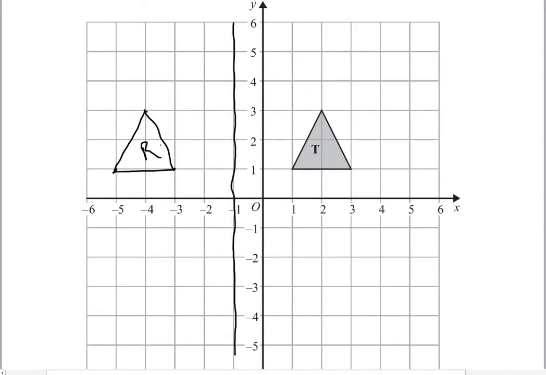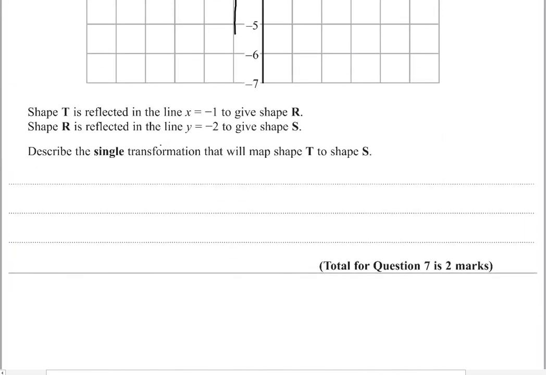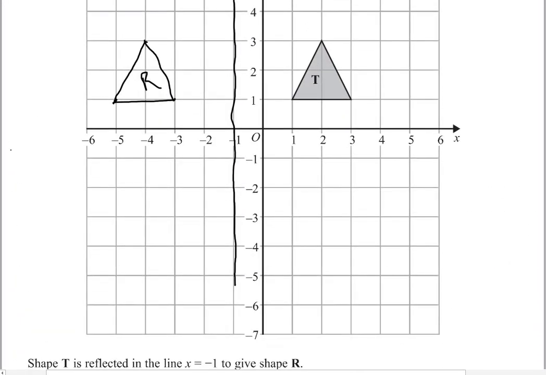Right, and then shape R was reflected in the line y equals 2, minus 2. So that's this line here. Okay, so let's reflect this. Starting with this point, it's 1, 2, 3 away.